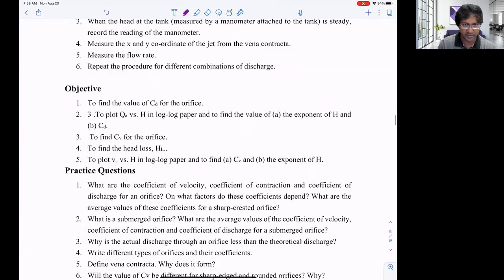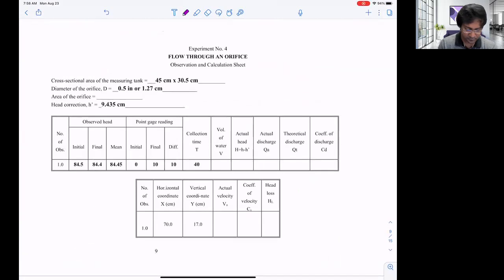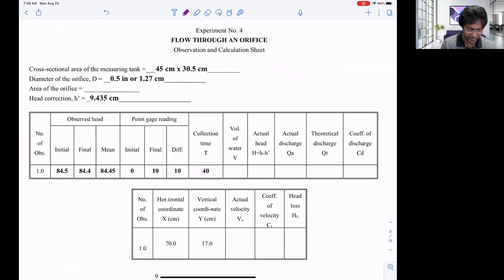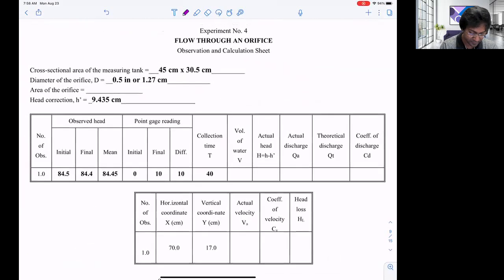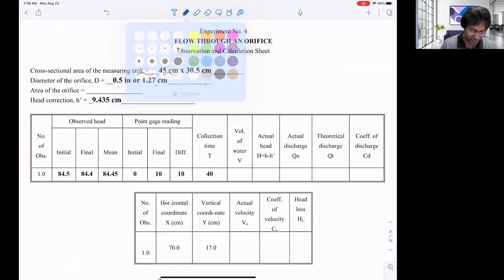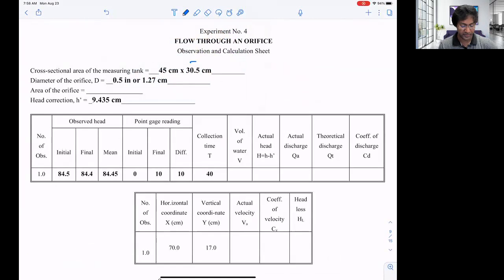This is the data sheet you can see here, right? If you see clearly, we need to calculate these unknowns. The same tank we are using, the area 45 into 30.5, and the diameter of the orifice is 0.5 inch or 1.27 centimeters. So what will be the area of the orifice? We know the area of the orifice will be A is equal to pi over 4 into d squared.